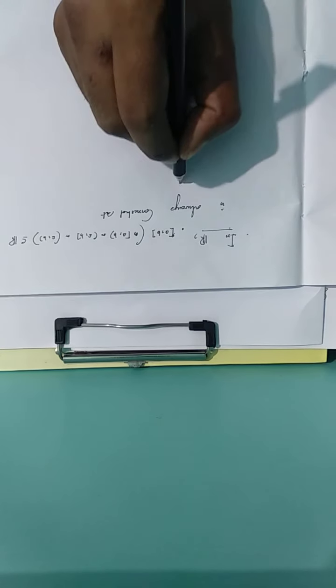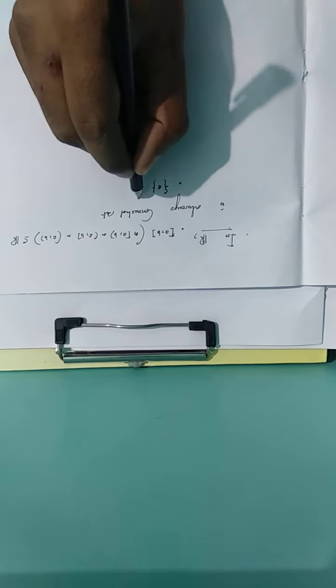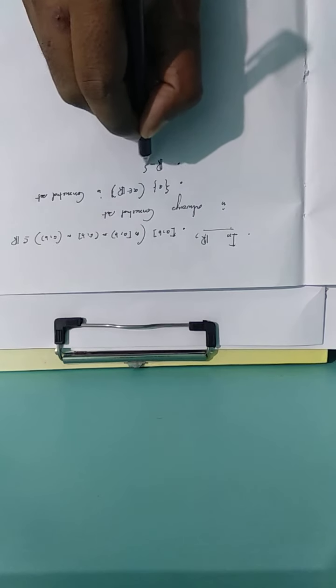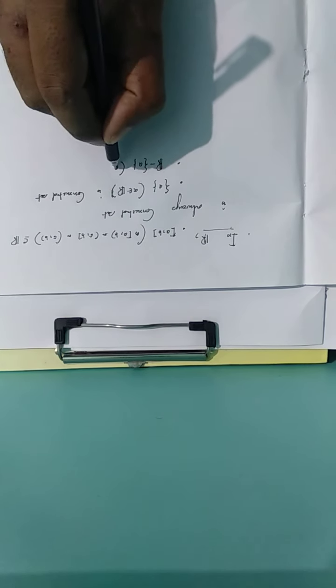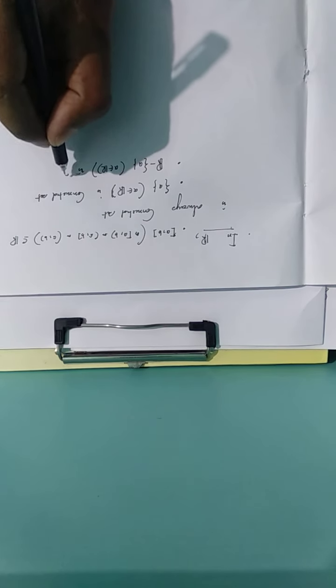And the second result is any singleton set {A} belonging to R is a connected set. The third case, R minus {A}, where A is any real number, that set is disconnected.